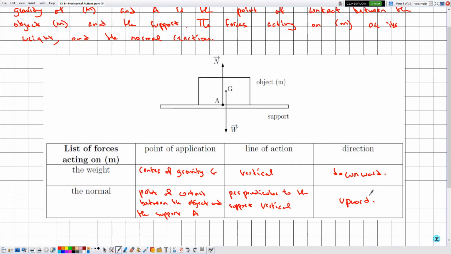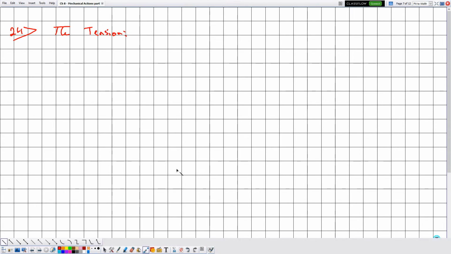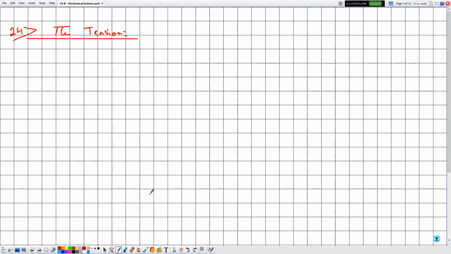And now let me move to the other section, which is section number 24. The title of this section is the tension. Let me give the physical definition of the tension before discussing the mathematical one.